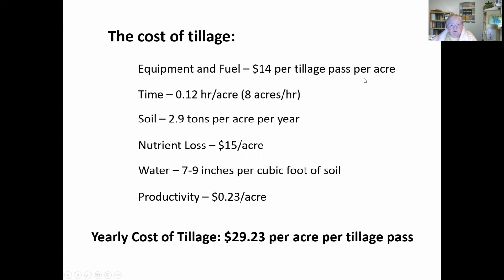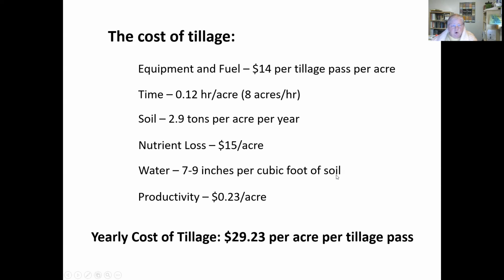Some of the things that I've looked at before, simply the cost of tillage. You have equipment and fuel cost. This is $14 per tillage pass. You have a time cost of about 8 acres per hour. Soil, you lose in the best circumstances 2.9 tons per acre per year, which results in a decrease in your productive capacity of the field. You have nutrient losses with tillage of about $15 an acre.